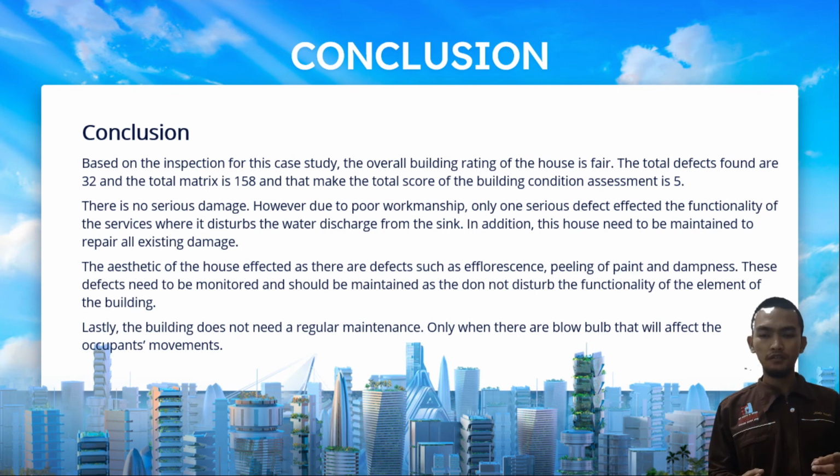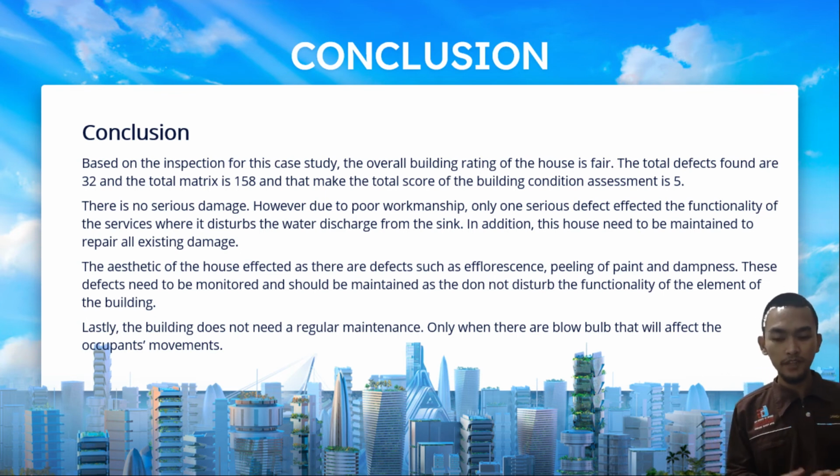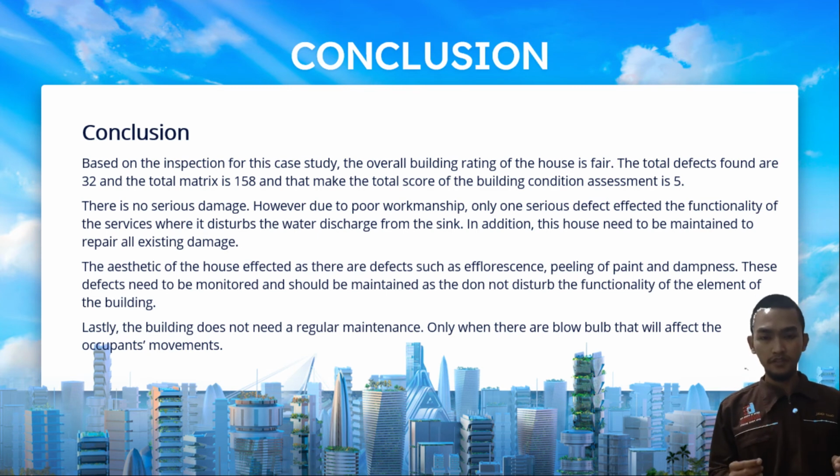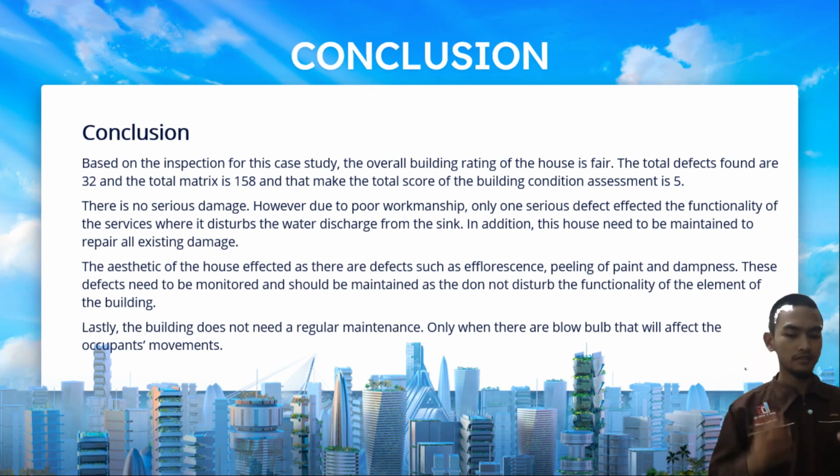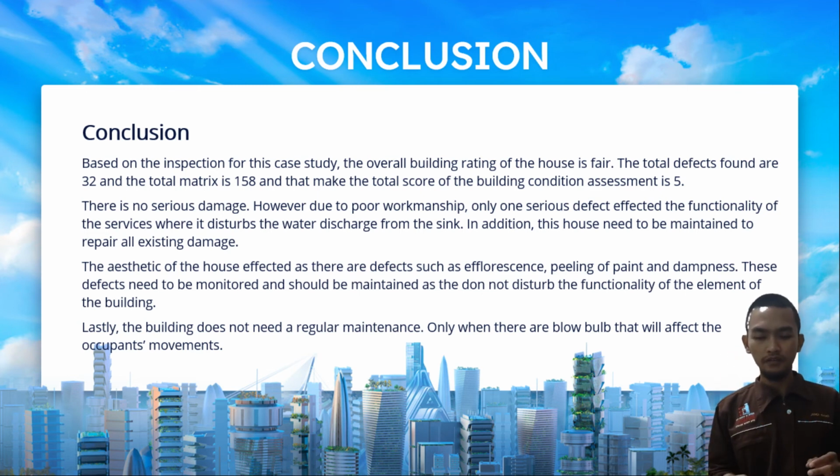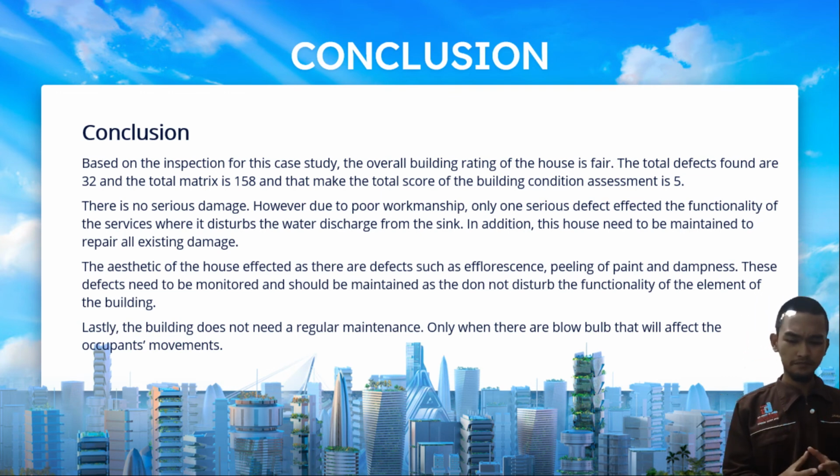This makes the total score of building condition assessment 5. There is no serious damage in this house. However, due to poor workmanship, there is one serious defect that affects the functionality of the services, where it disturbs the water discharge from the sinks.